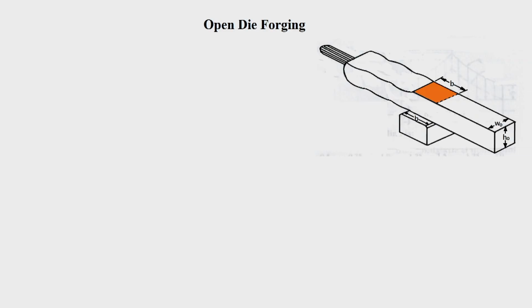So, they will keep on rotating after each forging operation, after each impact, and these are generally done by power press or pneumatic press or even hydraulic press. This figure also tells that the billet is kept on a bottom die, and from the top it is just impacting at this shaded region, with the width B, and the width of the billet is W0, and it is being compressed by applying a compressive force.